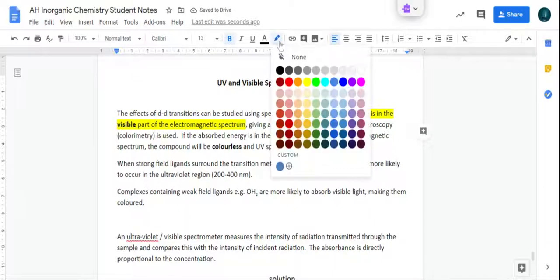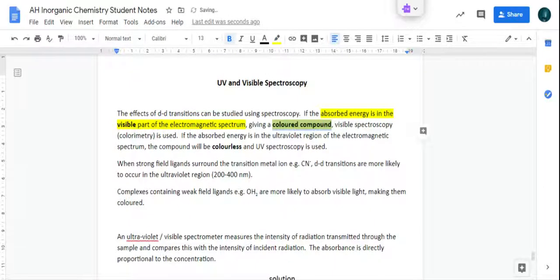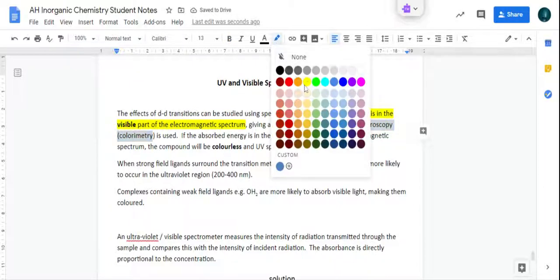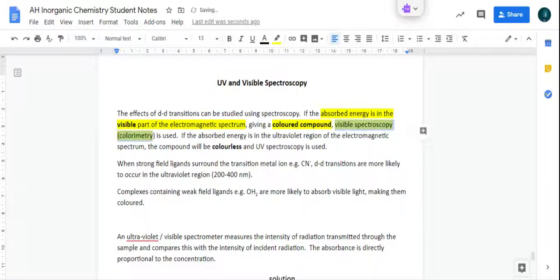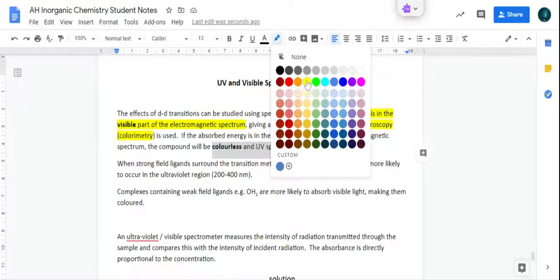And if we have a colored compound, we can use visible spectroscopy, which is called colorimetry. If you have a really large value of delta, so a high energy gap, the absorbed energy can go into the ultraviolet region of the EM spectrum, in which case the compound will be colorless, and we use UV spectroscopy instead.